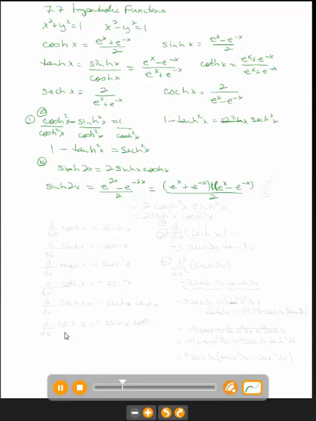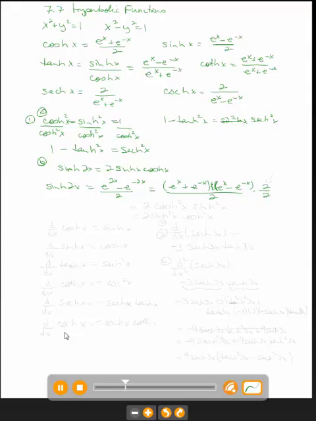So now I need to have, if I take the first one and I put it over the 2, e to the x plus e to the negative x over 2, that is your hyperbolic cosine. And if I had another 2, the e to the x minus e to the negative x over a second 2 would be the hyperbolic sine. So what I'm going to do is I'm going to put a 2 over 2, which is 1, and then I can group them.